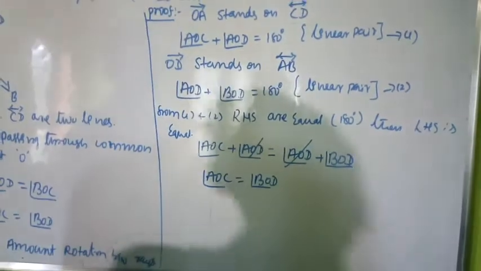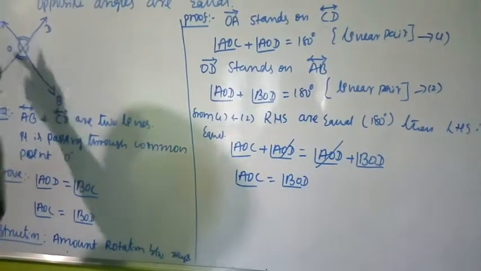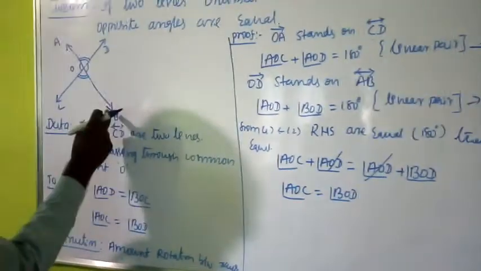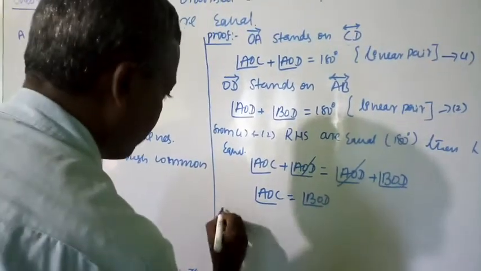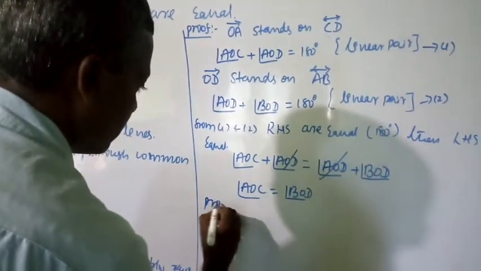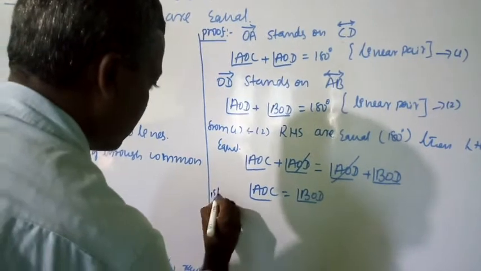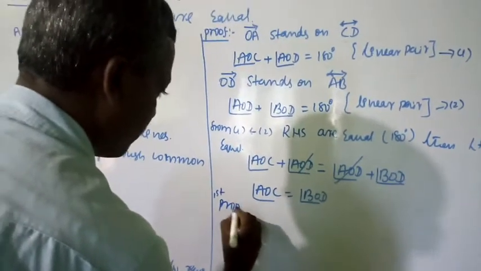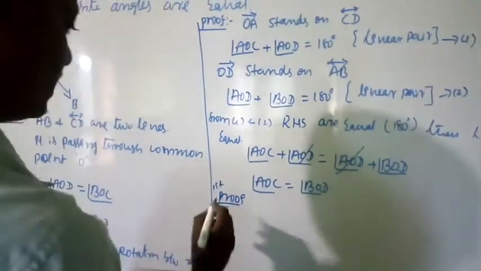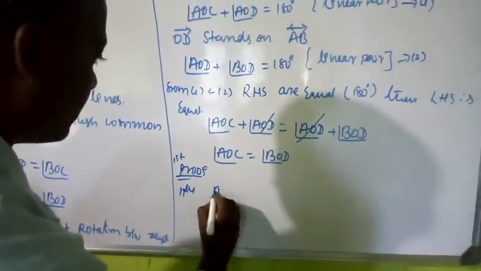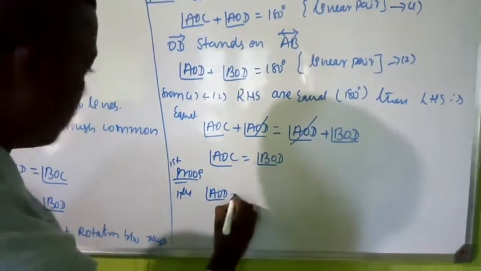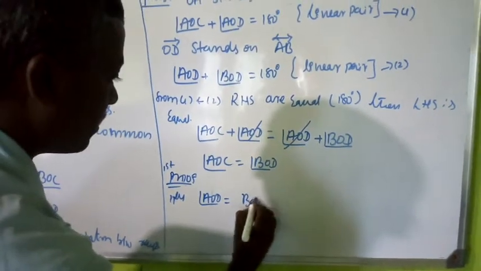So these are your vertically opposite angles. Angle AOC is equal to angle BOD. This is your first proof. Similarly, we can also prove angle AOD is equal to angle BOC.